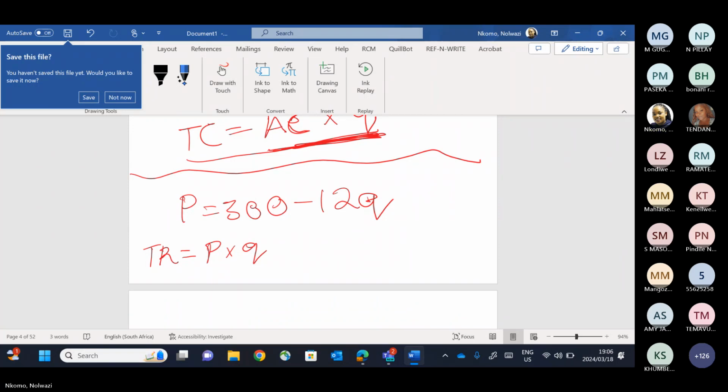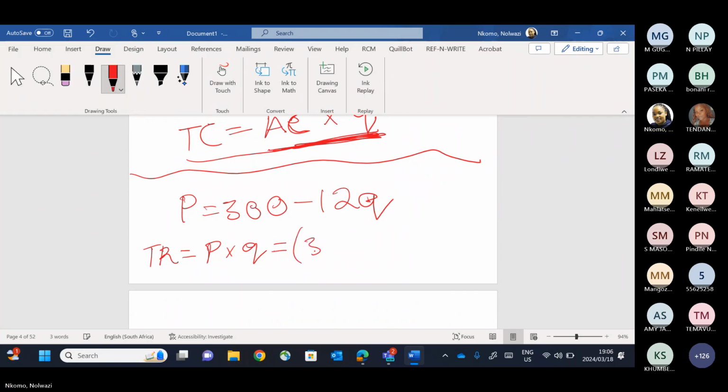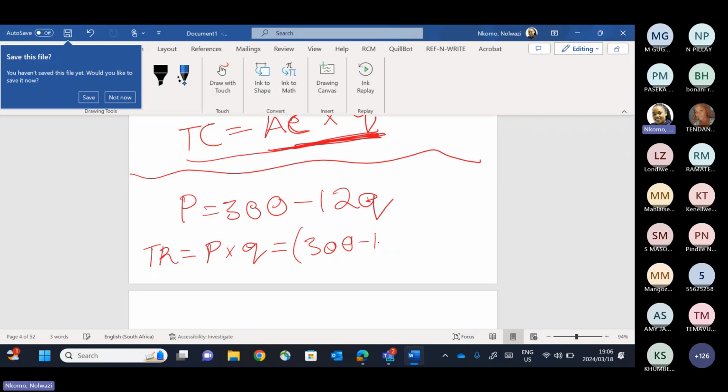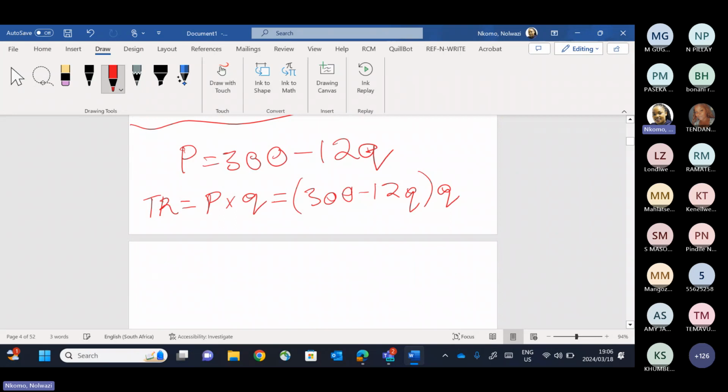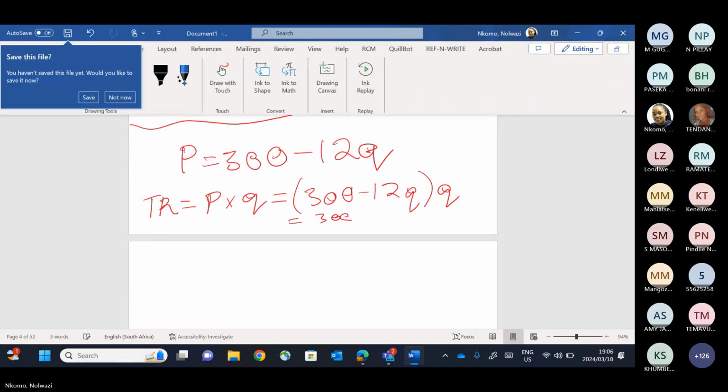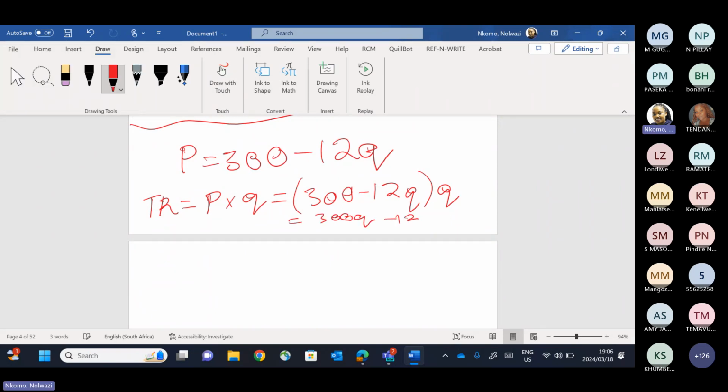So we have 300 minus 12Q times Q, and this gives us 300Q minus 12Q squared.